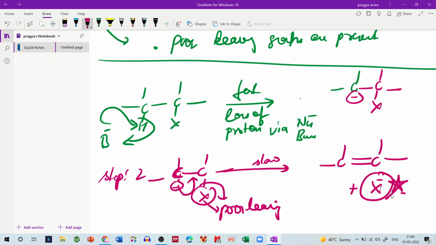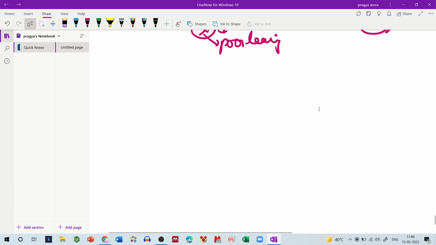So this is what happens in E1cB, rather than the formation of a carbocation as compared to the E1 mechanism. In E1cB, there is first loss of the proton by the nucleophilic base, which generates the carbanion, and the carbanion then formed leads to the formation of the alkene. So here also there is a possibility of rearrangement because of the carbanion generated.